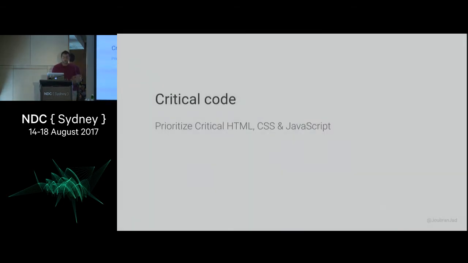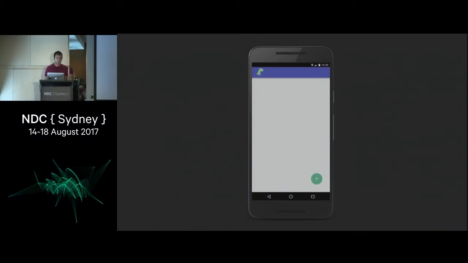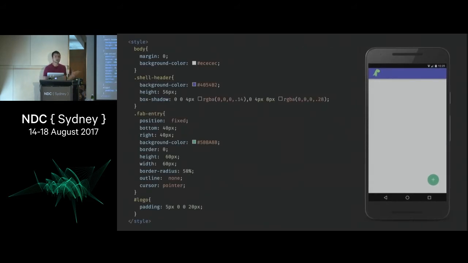But what I also want you to focus on is that the app shell is about critical code prioritization. You thought that this piece of HTML is the most important one, so you prioritized it. You also did the same for CSS.